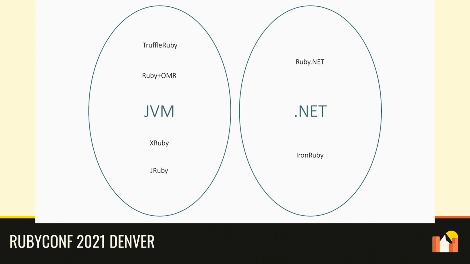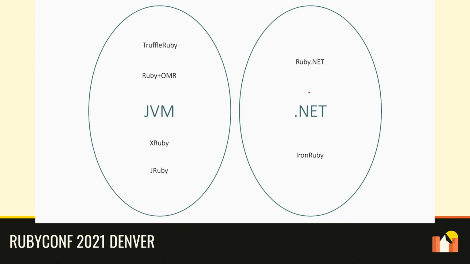There have been 4 attempts to write a Ruby on top of the JVM, so on top of the Java ecosystem. So XRuby and JRuby started around the same time with their compilers. Ruby plus OMR reuses parts of IBM's JVM called J9, but uses them within MRI. And JRuby is built on top of the GraalVM, which is a special custom kind of JVM.